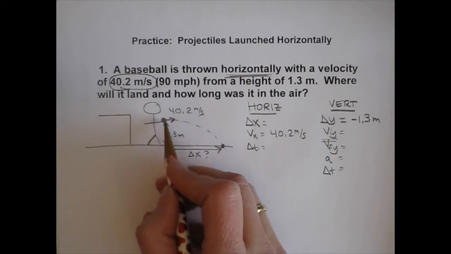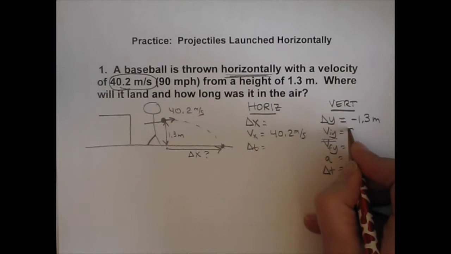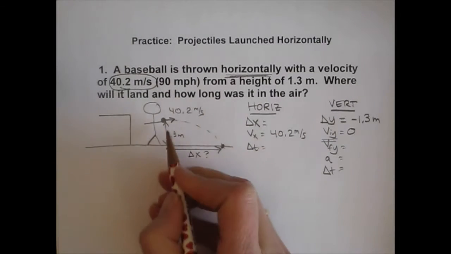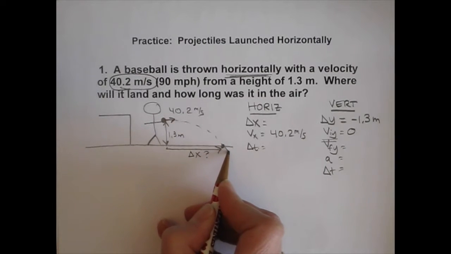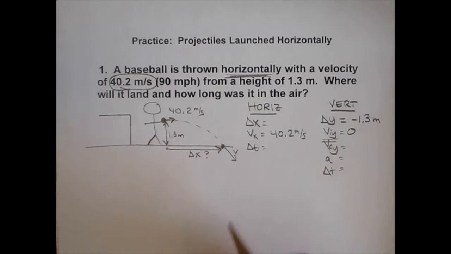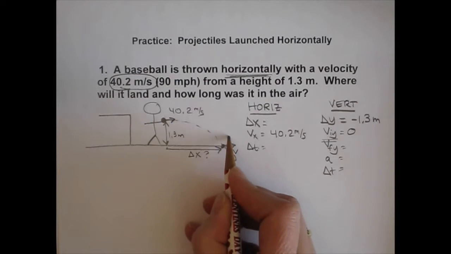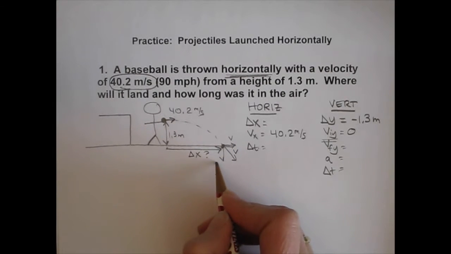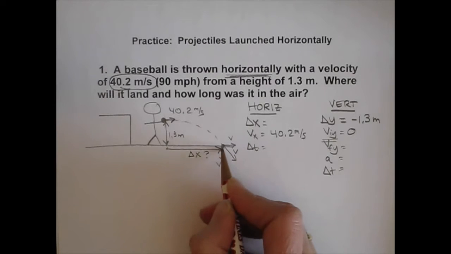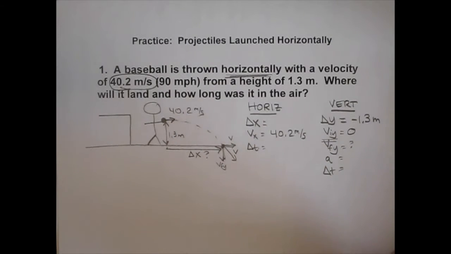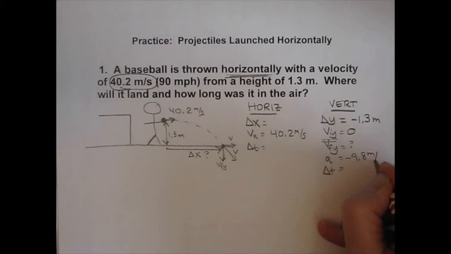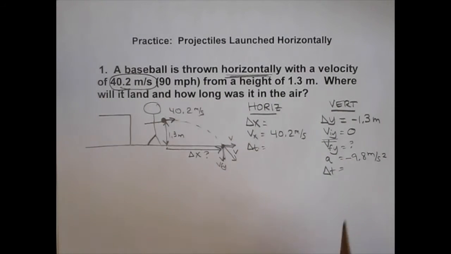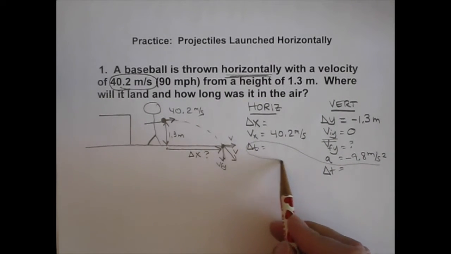Initially, it did not have any vertical velocity, so this is 0. Finally, the velocity at this time would be tangent to the path. Finally, it would have a horizontal velocity component and a Vfy, so I don't know what that is. And acceleration, negative 9.8 meters per second squared. And I don't know the time, but these times are the same.